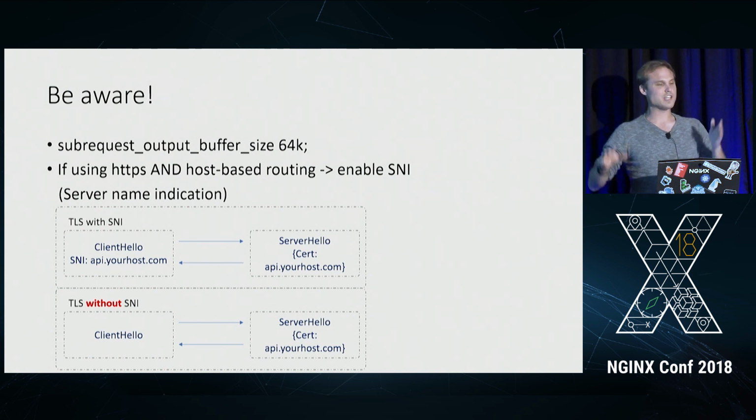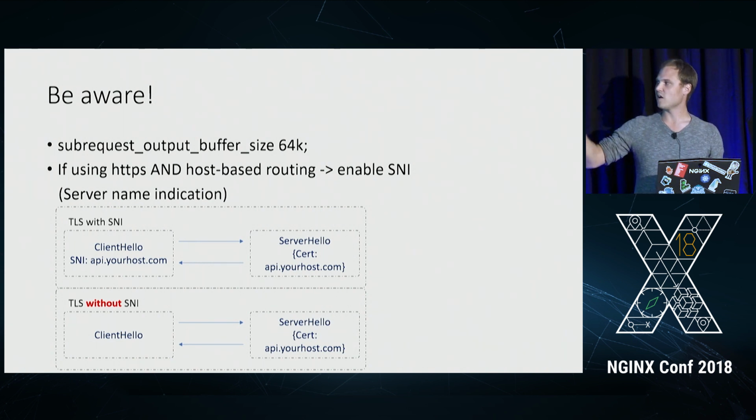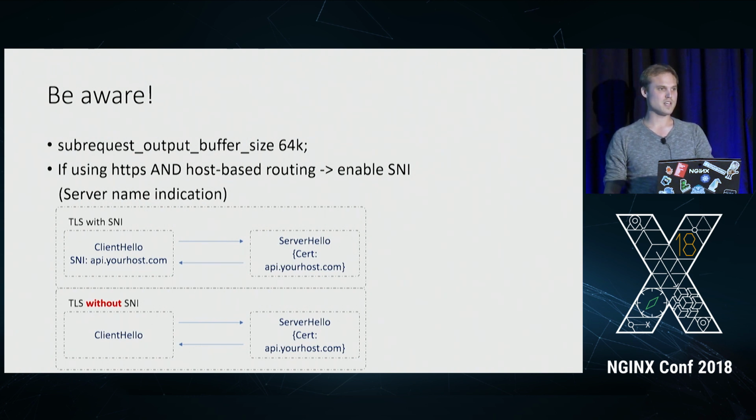Without SNI and HTTPS in place, this will not work because Kubernetes or the ingress controller in general can't see the host name in your request. So you definitely need to configure SNI in the HAProxy or in the NGINX ingress controller. It's enabled by default, I think.